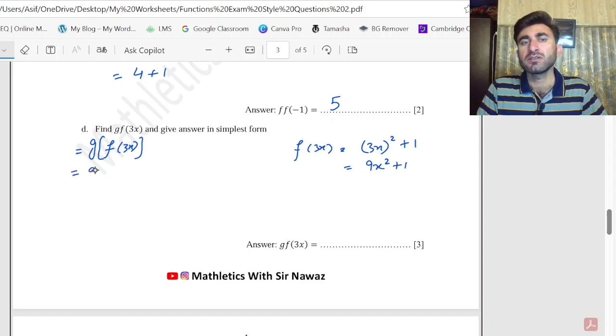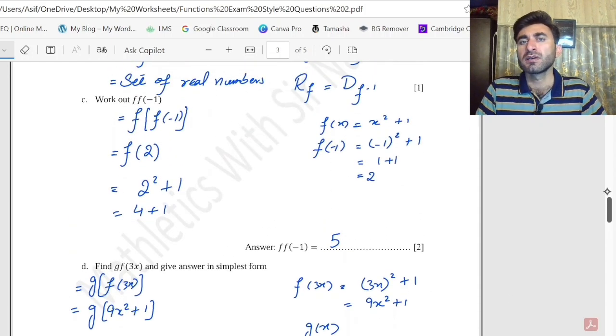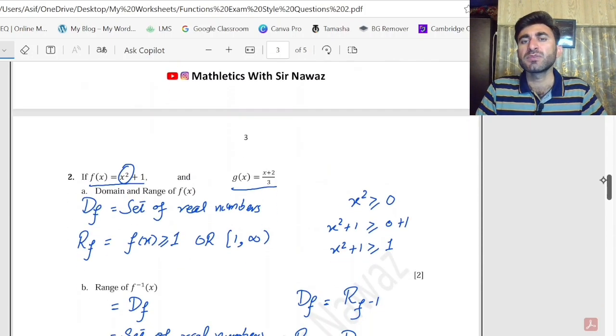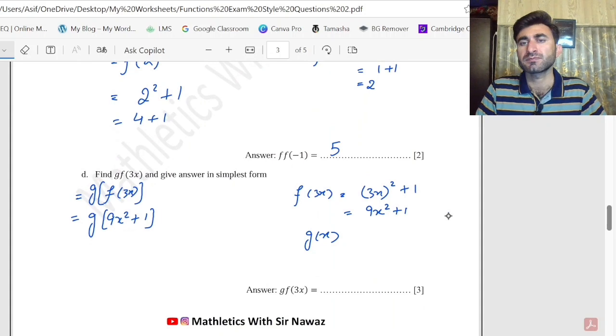So it will become g of 9x square plus 1. Now the function g of x was (x plus 2) divided by 3.